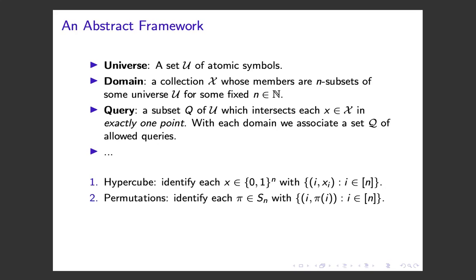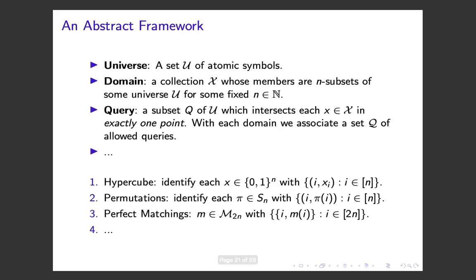With permutations, for each permutation of the symmetric group, we're going to have a similar sort of data structure where I have a pair, and in the first coordinate, I'm going to have my symbol I, and then in the second coordinate, I'm going to have where I gets mapped to by pi.